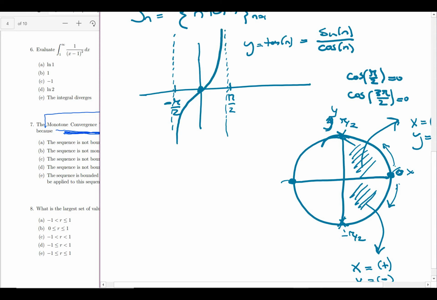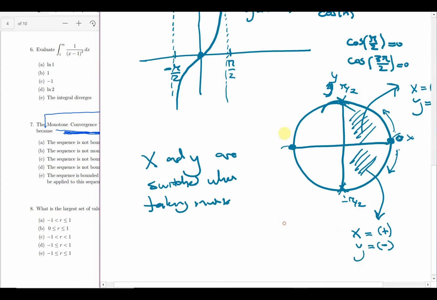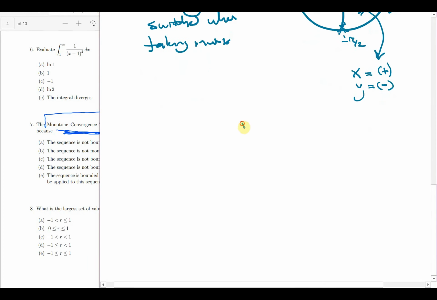Now the key is anytime you define an inverse function, x and y are switched when taking the inverse. So now you define another axis.